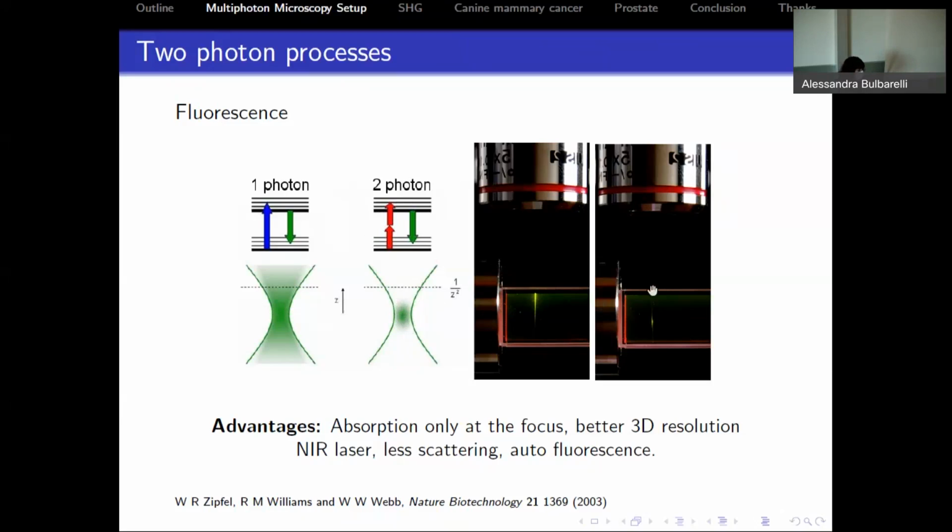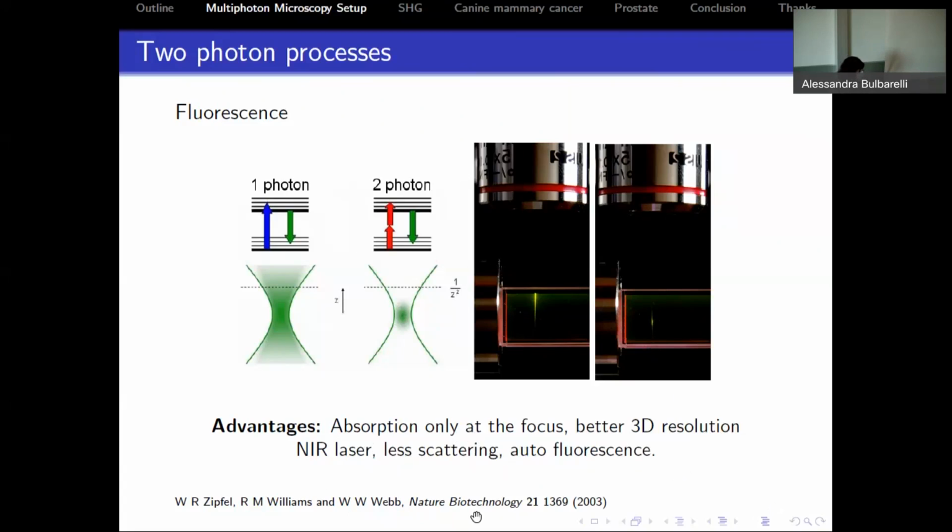And so it can be much more localized in position in the sample, and we can see deep inside scattering tissues. So that allows quite nice 3D resolution imaging. And because we use infrared lasers, it scatters less in the tissue also, and so we can do it very deep inside the materials.